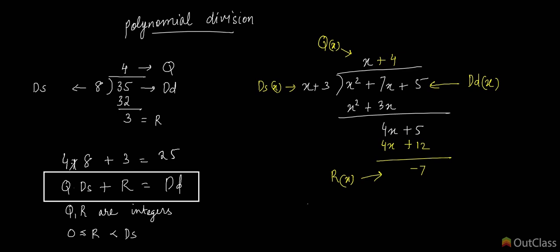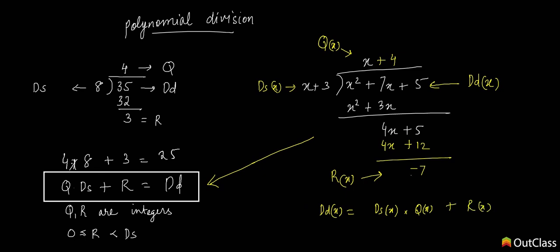You will see that dividend is equal to quotient times the divisor plus remainder is valid here as well. The same equation, the equation is the same. I'm just going to write that again. Dividend of x is divisor x times quotient x plus remainder x.